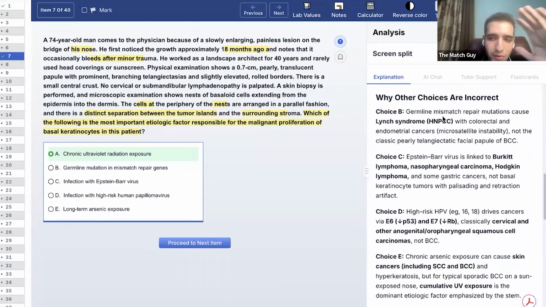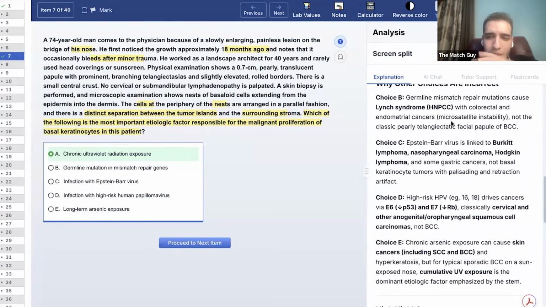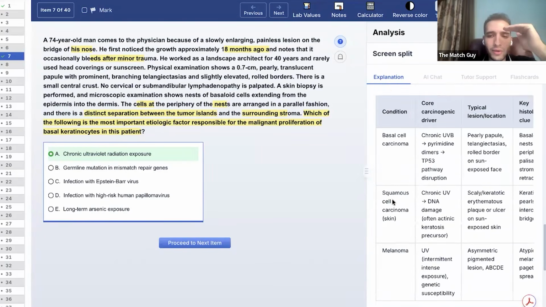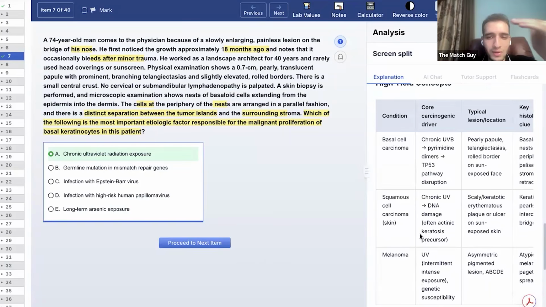I go very fast into the other answer choices, and I see. So yeah, microsatellite instability is the one that can cause colon cancer, and it can cause endometrial cancer. Okay, Epstein-Barr can cause these types of cancer. Okay, high-risk human papillomavirus can cause cervical cancer. Okay, so I read very fast and I go through the important stuff and the differentiation.